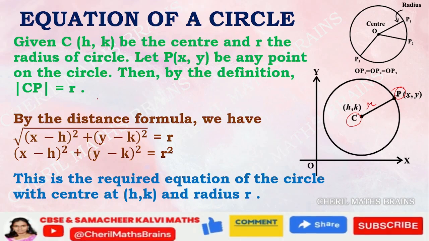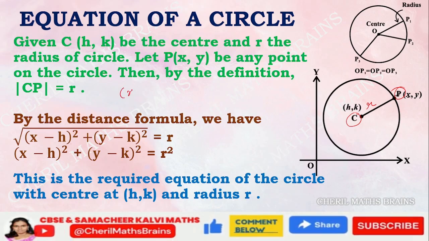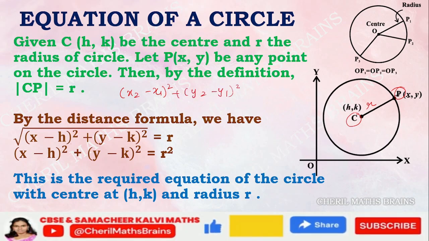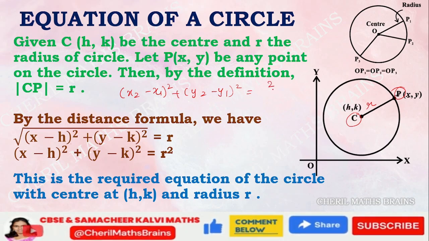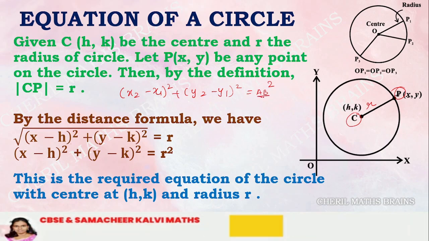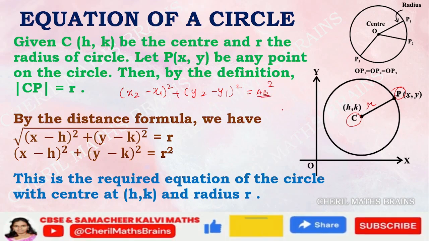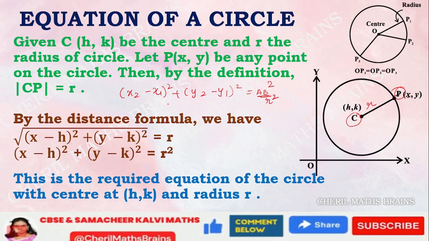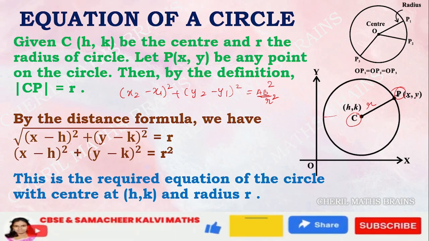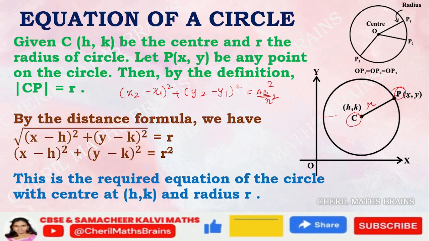So we know the distance formula: square root of x2 minus x1 the whole square plus y2 minus y1 the whole square. If we take the root to the other side, it becomes the square of this distance AB. Here for AB we have your distance PC, so we have it to be r square. Here for x2, x1, y2, y1, you have the values x and h, and y and k.